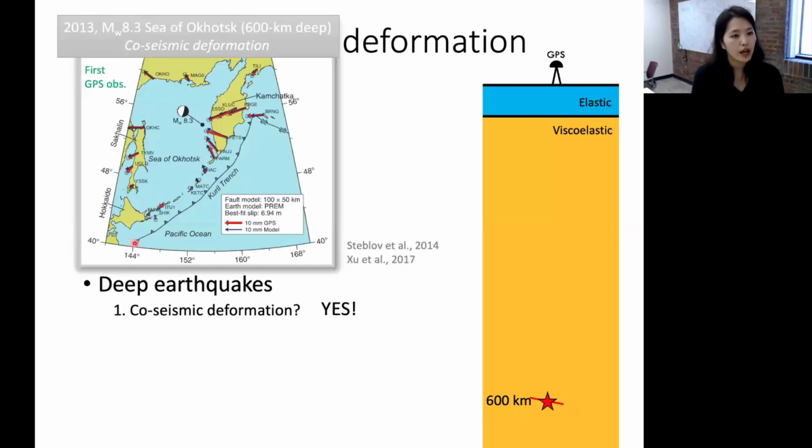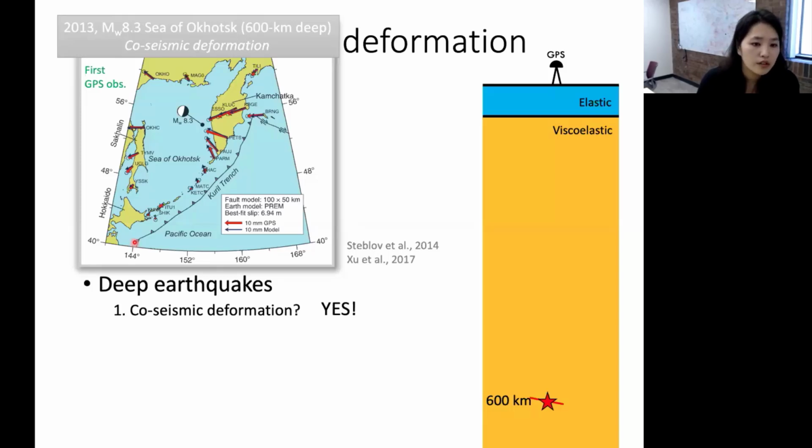For example, we had this 2013 magnitude 8.3 Sea of Okhotsk earthquake that happened at about 600-kilometer depth. What you're looking at here are the GPS-observed horizontal motions associated with this earthquake. You are looking at pretty clear coseismic displacement at the surface.